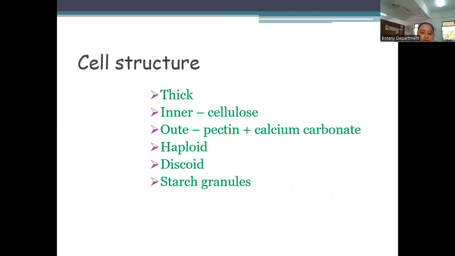Cellulose is common, but here the cell wall is made up of pectins and calcium carbonates. Each internode cell is ensheathed by vertical cortical cells, and these calcium carbonates are present. That's why the plant body feels very rough, brittle and stony; that's why the plant is called brittle bark.